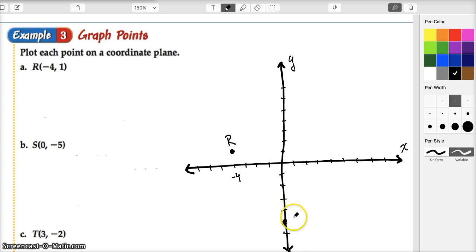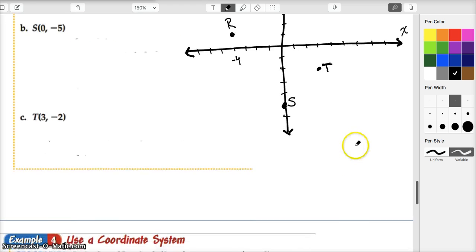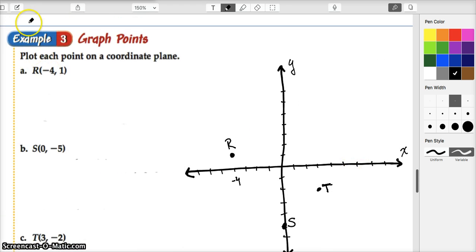So right there on the y-axis, that's where S is. And then T is going to be 3 spaces to the right on the x-axis, and then 2 spaces down: 1, 2. So we find ourselves here for T. And I think, do we have a D? Nope, that's it. So that's it for this example.